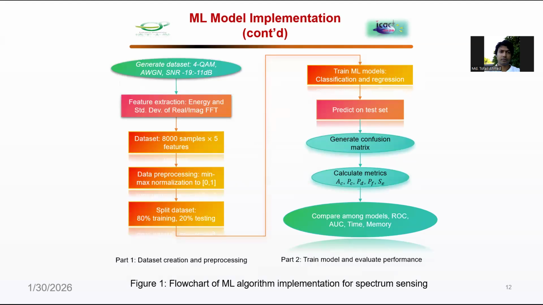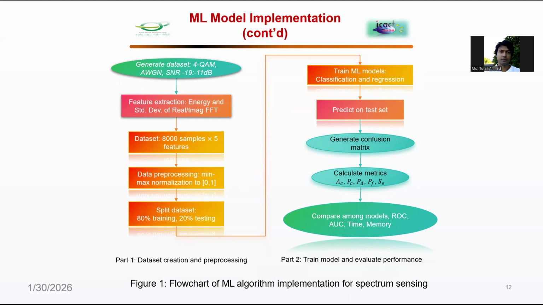This flowchart illustrates our end-to-end machine learning pipeline for intelligent spectrum sensing. We begin with dataset generation and preprocessing, where we simulate signals, extract features, and prepare the training data. Next, we move to model training, where multiple classification and regression models are trained simultaneously for a comprehensive comparison.